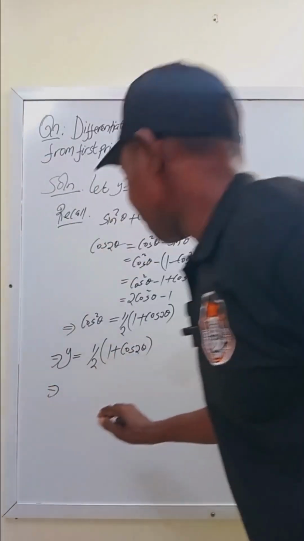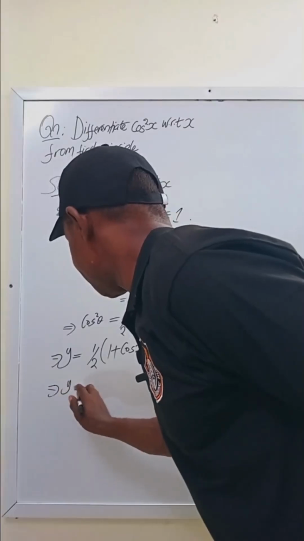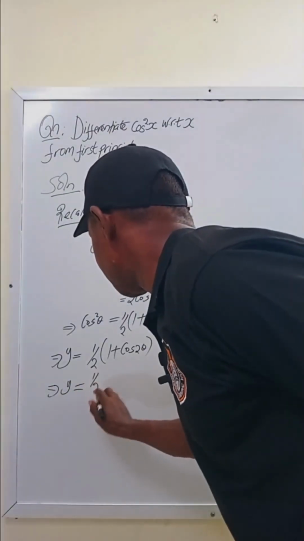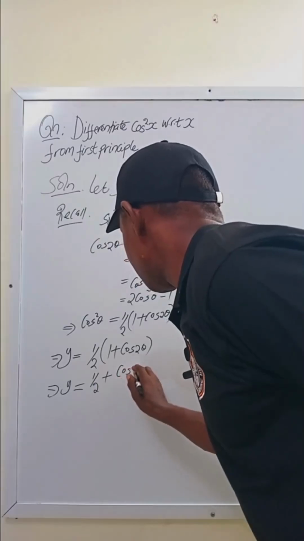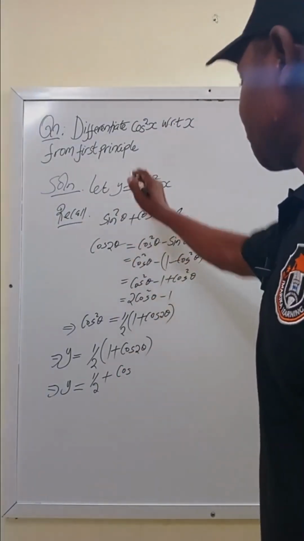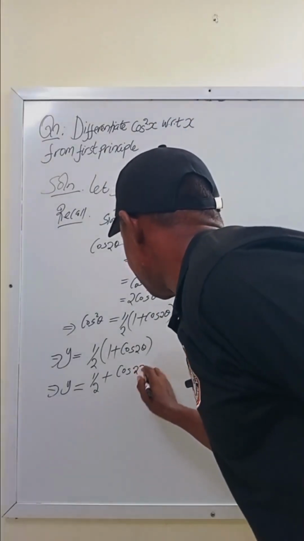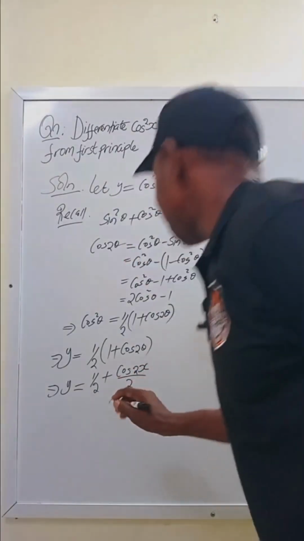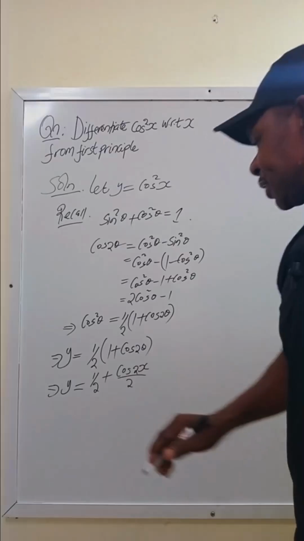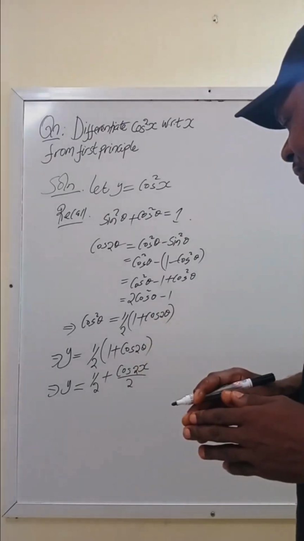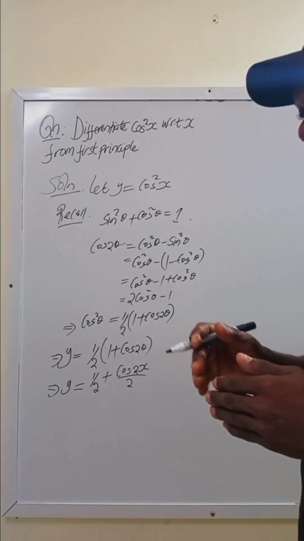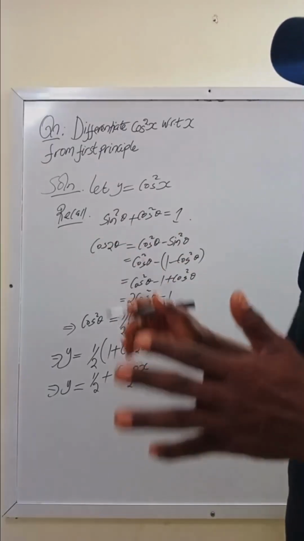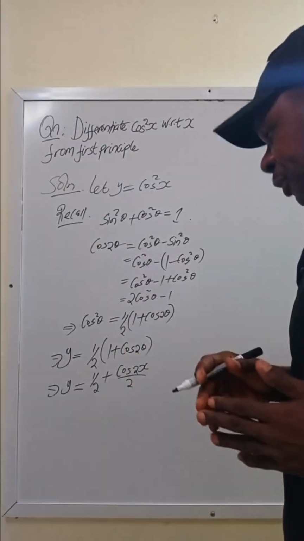As regards our question, we shall have our y equal to a half, then plus cos, now we're replacing theta with our x, so it will be 2x, then you divide by 2. This is our y. Differentiating from first principles is all about looking at what happens to the increments of the respective values of x and y when they tend to a certain limit.